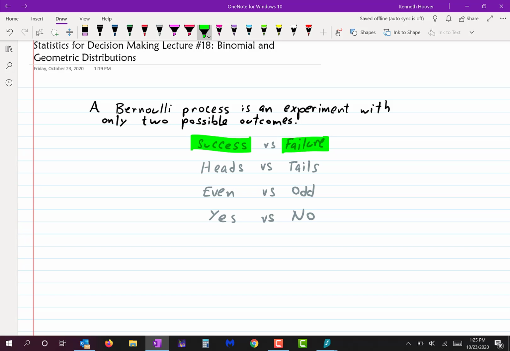Success and failure in probability have no positive or negative connotation. You're just wondering what's the probability of something happening. We just call that thing a success, and then whatever's not that is called a failure. Okay, it's just a name, that's all.